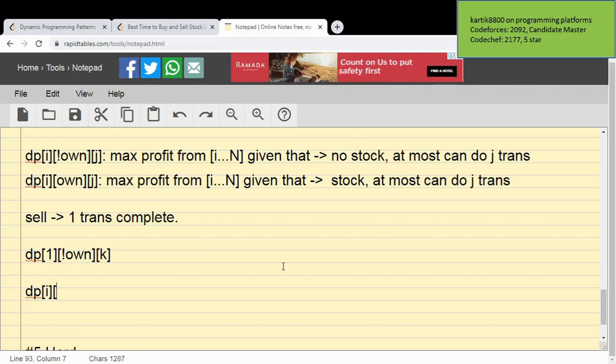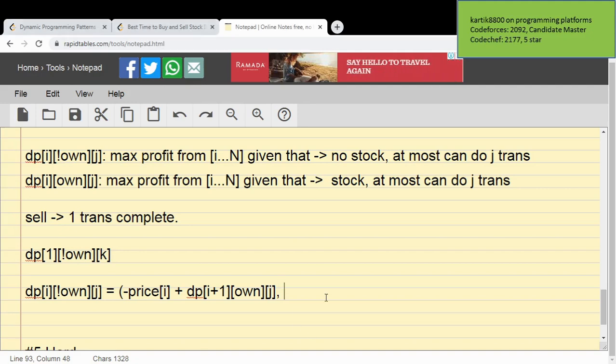So you can say DP[i][not own][j]. We'll try to write recurrences for this thing. Since I don't own a stock, I can what? Buy one, right? I have two options. Option number 1 is you don't own a stock, okay, buy one. Buying means you lose this much money that goes from your pocket. But now you own a stock and you would like to find out what is the maximum money you can make from day i plus 1 till day n, given that you do own a stock, and you can still do j transactions, because I assume a transaction is complete when you sell a stock.